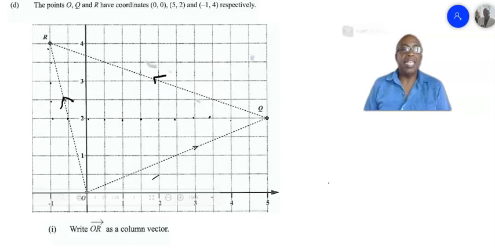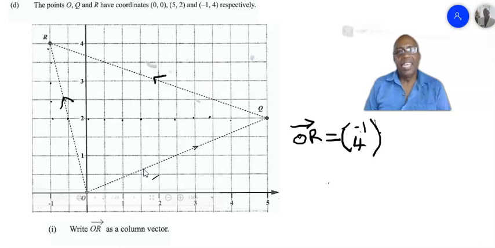And that is because it starts from O and goes to another point R. And any time you have a position vector, the vector is the same as the coordinates of the point R. And since the coordinates of the point R is negative 1, 4, therefore the vector OR equals negative 1 in the x direction and plus 4 in the y direction.